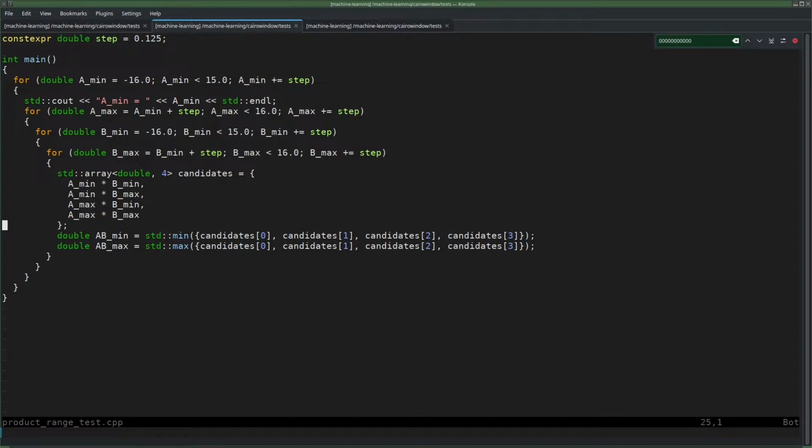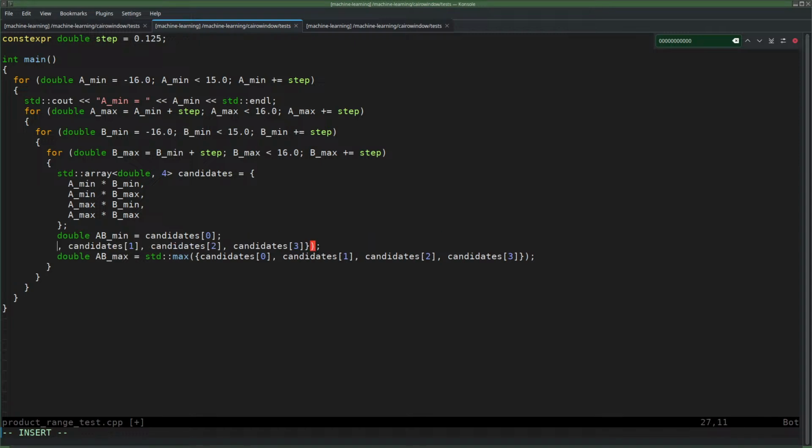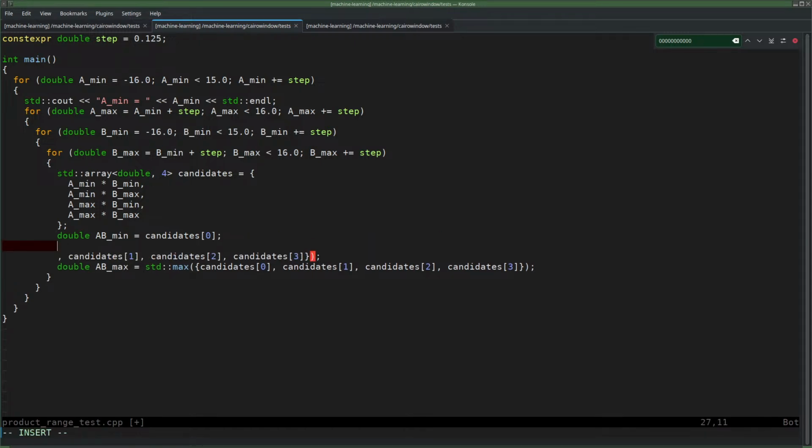I want to have the index, so instead of doing this, I'm just going to set it to candidate 0, and then int min index or something, 0.